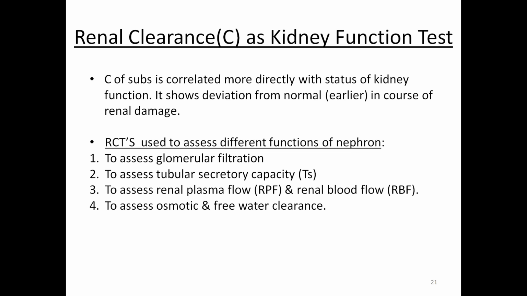Now the renal clearance tests are used to assess different functions of the nephron. What are those functions? RCTs are used to assess glomerular filtration, to assess tubular secretory capacity or TS, to assess renal plasma flow, renal blood flow, and osmotic and free water clearance.